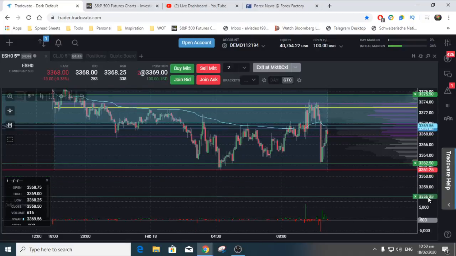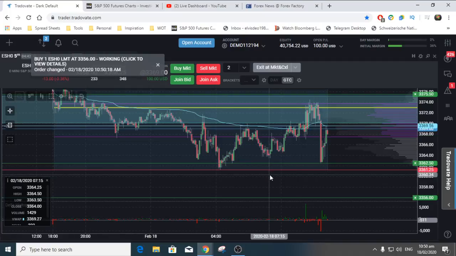Our downside here is the 56 on this 2 contract entry.